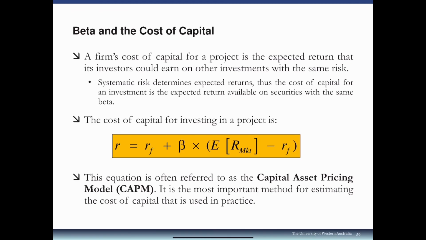And I would say it's probably the single most important method for estimating the cost of capital that's used in practice. And guess how often it is correct? Less than 50%. That's like flipping a coin to decide whether a number is bigger or smaller than the actual return we're going to get. Well, you could say it's probably less accurate than flipping a coin.